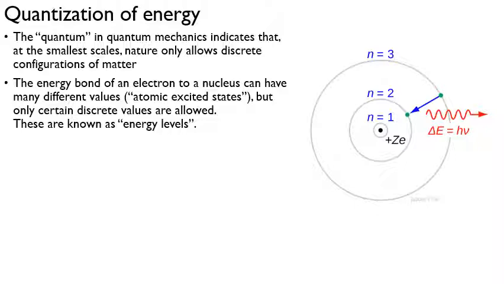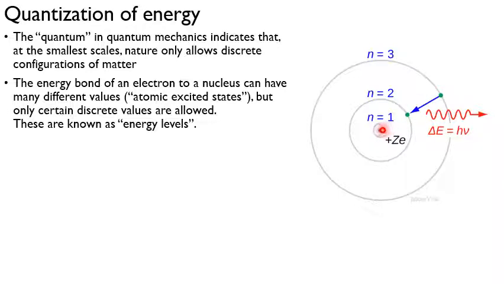So an electron in a hydrogen atom, for instance, cannot be arbitrarily bound to the proton in the nucleus of that atom. There's only discrete energies that you can have, and these are known as excited states, or also energy levels. And in the Bohr picture of the atom, we'll represent these by circles of different radii.